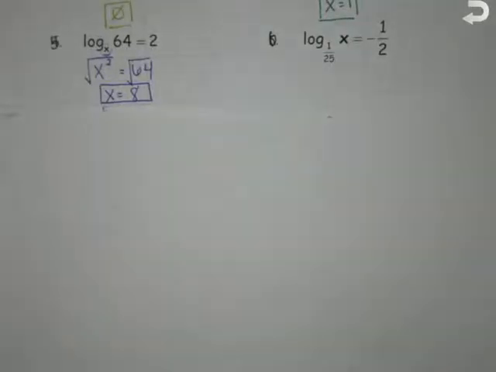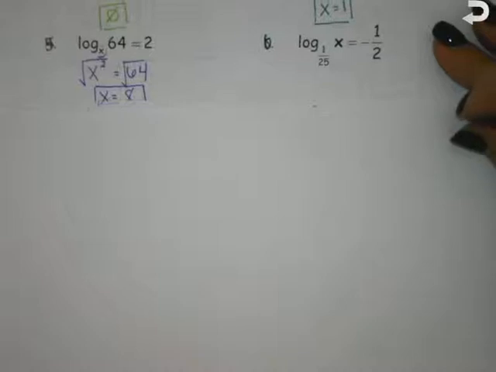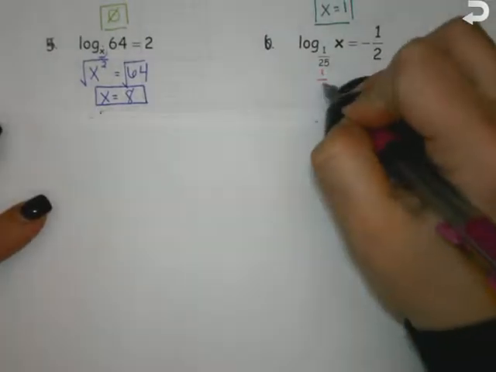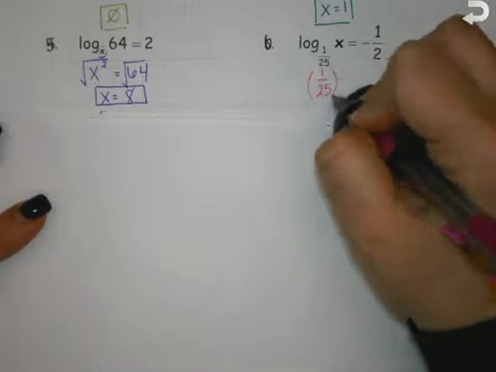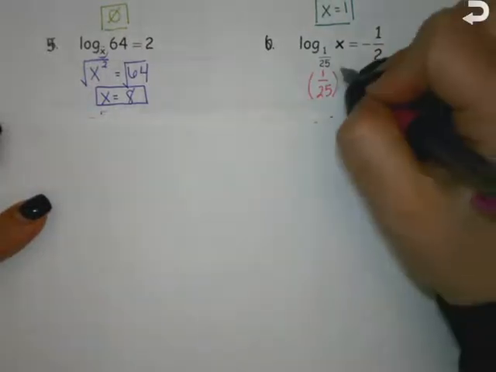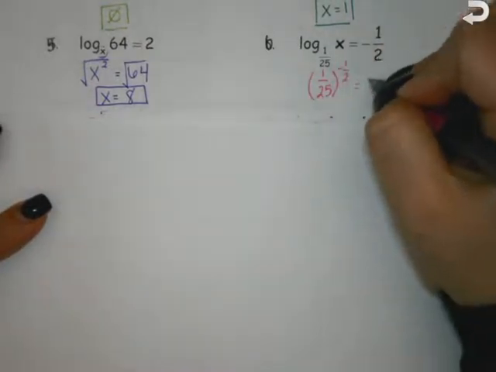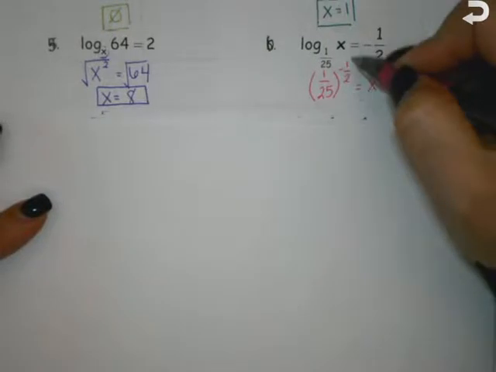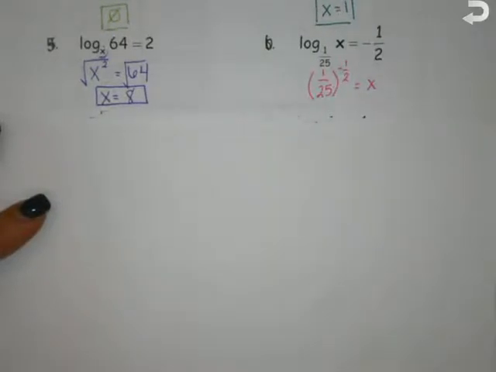What would you guys do on this one? This is going to be 1 over 25 to the what power? To the negative 1/2 equals x. Okay, what does a negative exponent mean? Guys, what does a negative exponent mean?